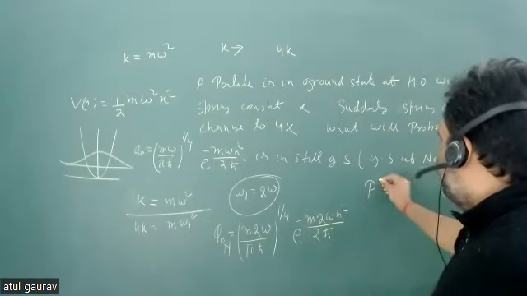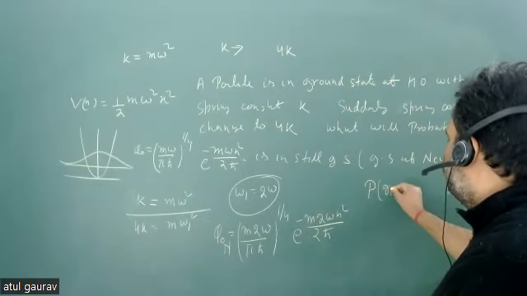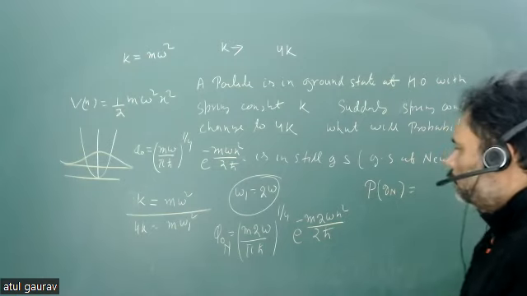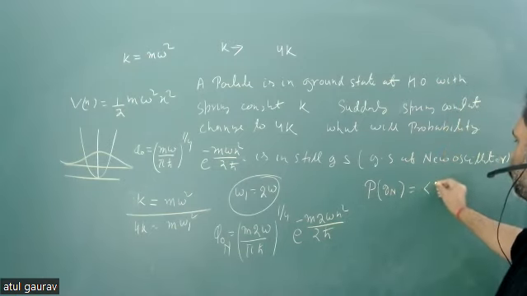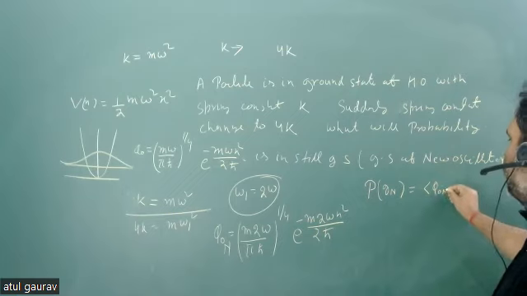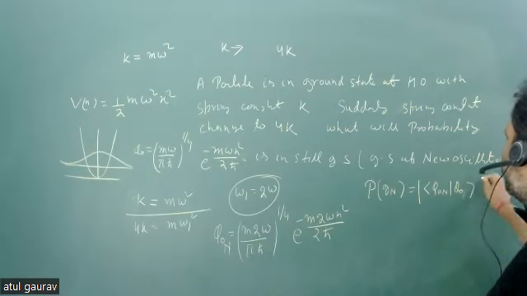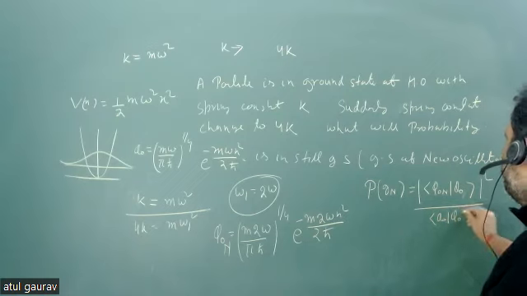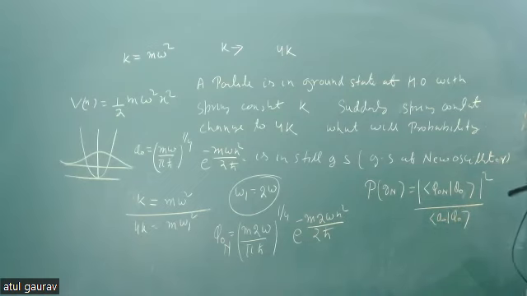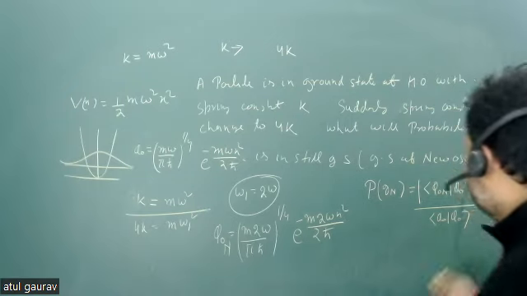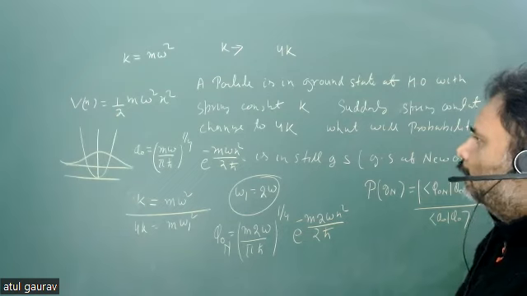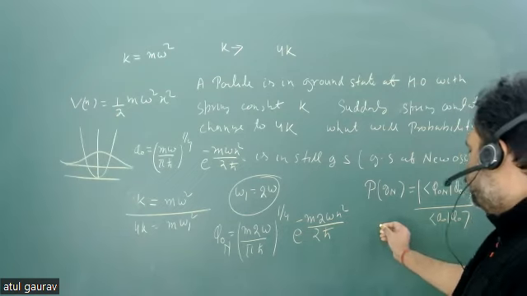The particle ground state of the new potential will be, क्या हो जाएगा ये? Phi naught new, phi naught old जो दिया हुआ है, mod square. यही होगा ना? Yes sir. And now you have to just go for calculating this particular integration.